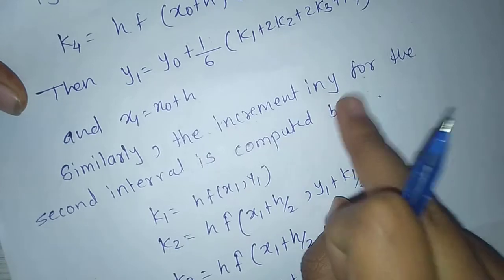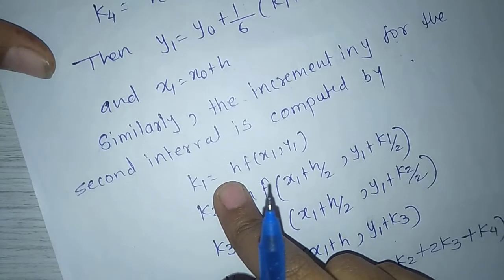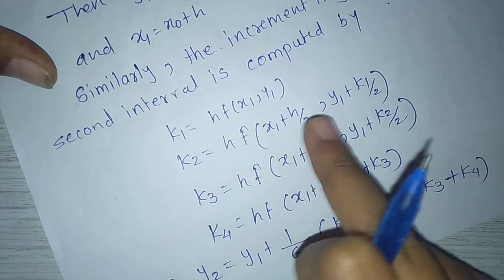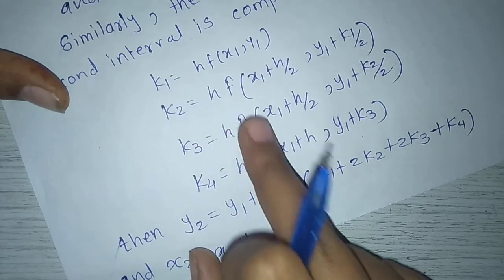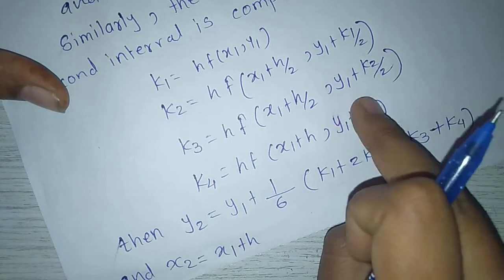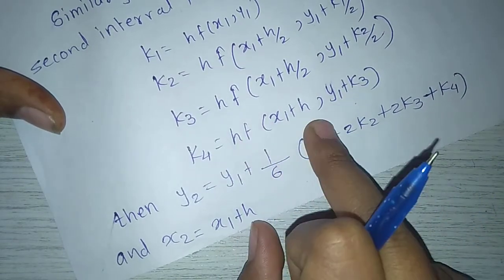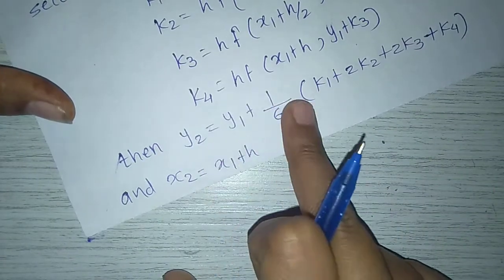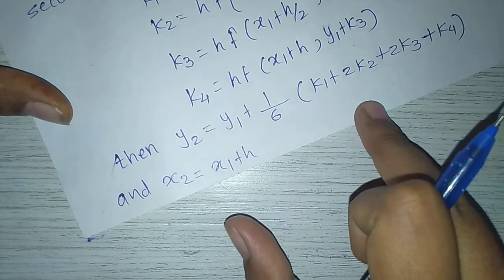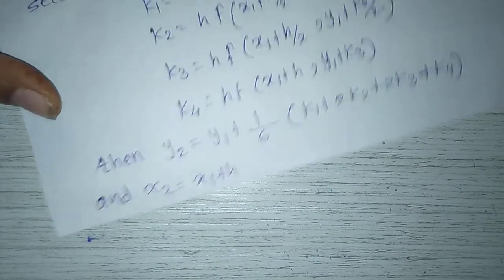Similarly, the increment in y for the second interval is computed by k1 equal to h into f of x1, y1, k2 equal to h into f of x1 plus h upon 2, y1 plus k1 upon 2, k3 equal to h into f of x1 plus h upon 2, y1 plus k2 upon 2, and k4 equal to h into f of x1 plus h, y1 plus k3. Then y2 equal to y1 plus 1 upon 6 into k1 plus 2k2 plus 2k3 plus k4, and x2 equal to x1 plus h.